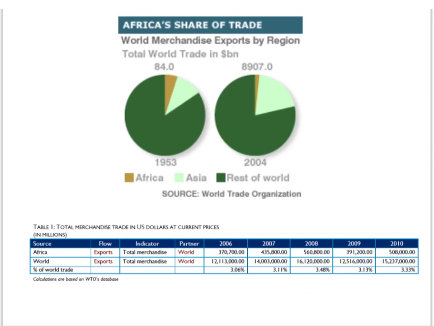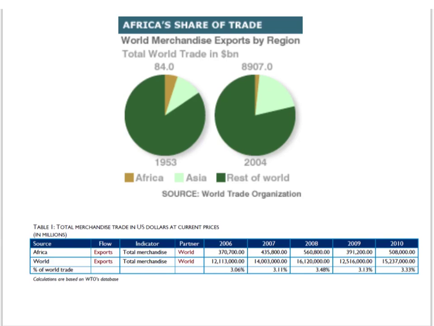And in these two pie charts we can see the share of world trade firstly in the 1950s. So we can see Africa here, this is Asia, this is the rest of the world, and then by 2004 we can see that Africa's share of international trade has declined, but as I mentioned earlier, Asia is the region that has seen a significant increase.